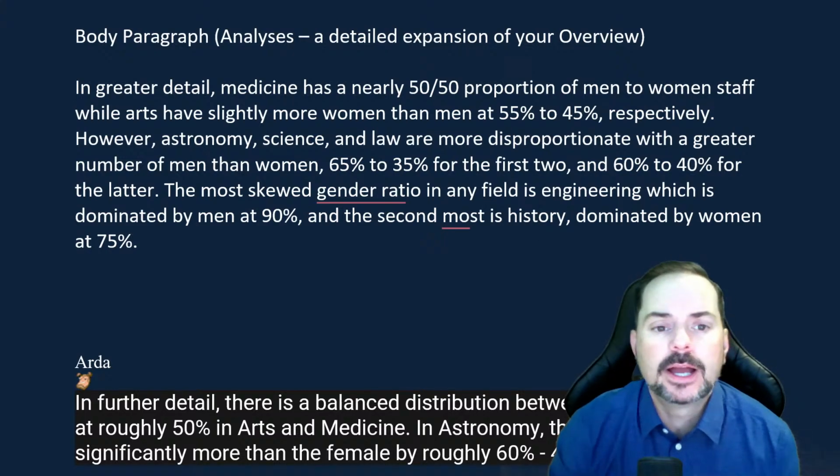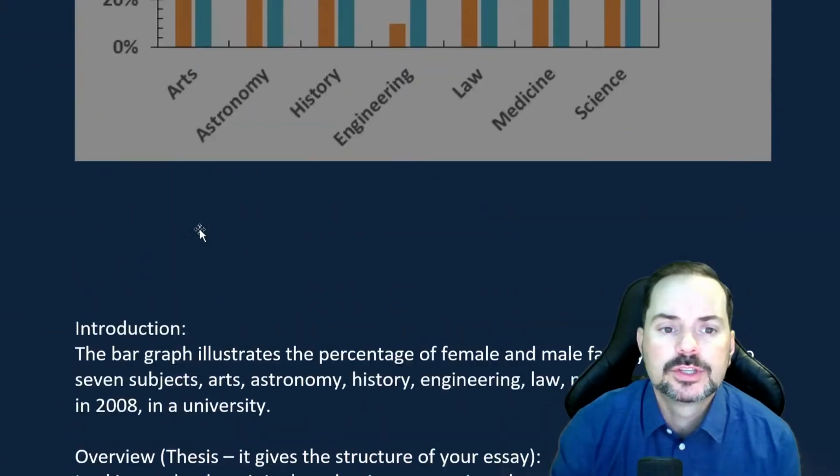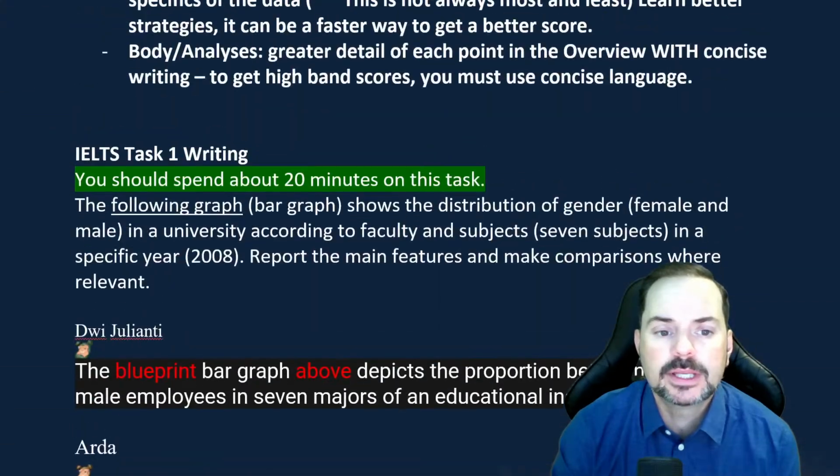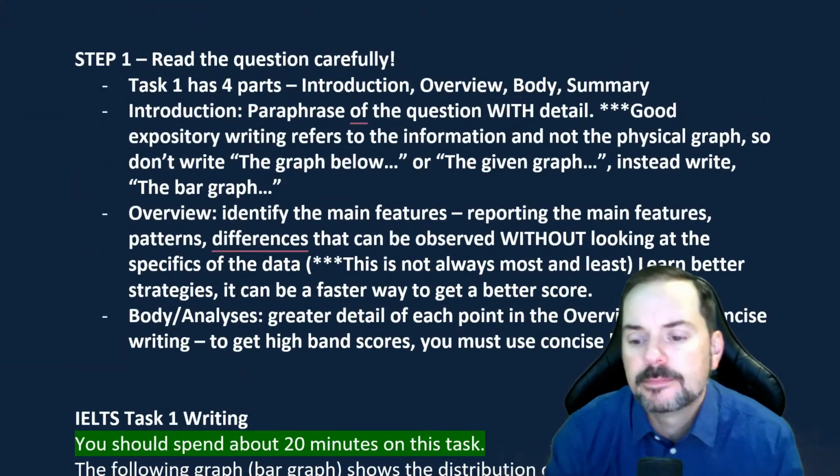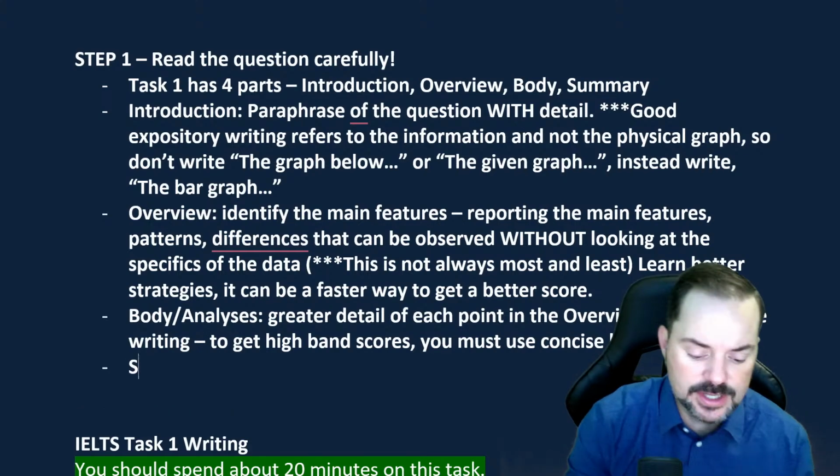Now, I used to tell students to write a separate summary, and you might still want to do that. If you're going for a band 9, you can write a summary.